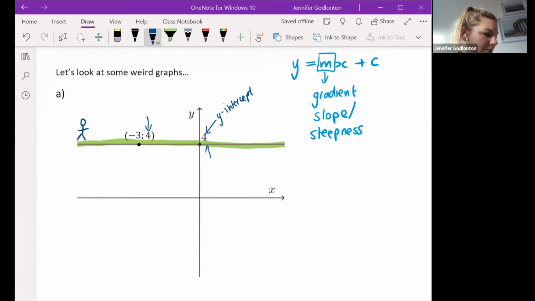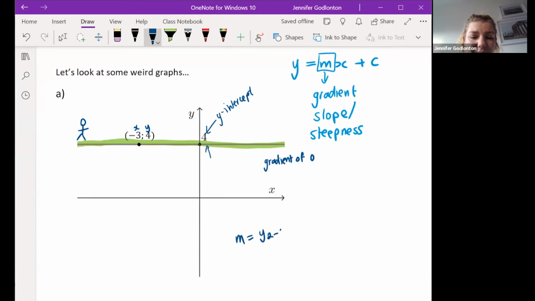Unati, how can I help? Ma'am, I wanted to ask, which one is the coordinates for x? Is it the -3? This is x, and that's y. No, ma'am, I'm asking when we have to calculate the gradient. When you're calculating the gradient, you're saying the change of y over the change of x.